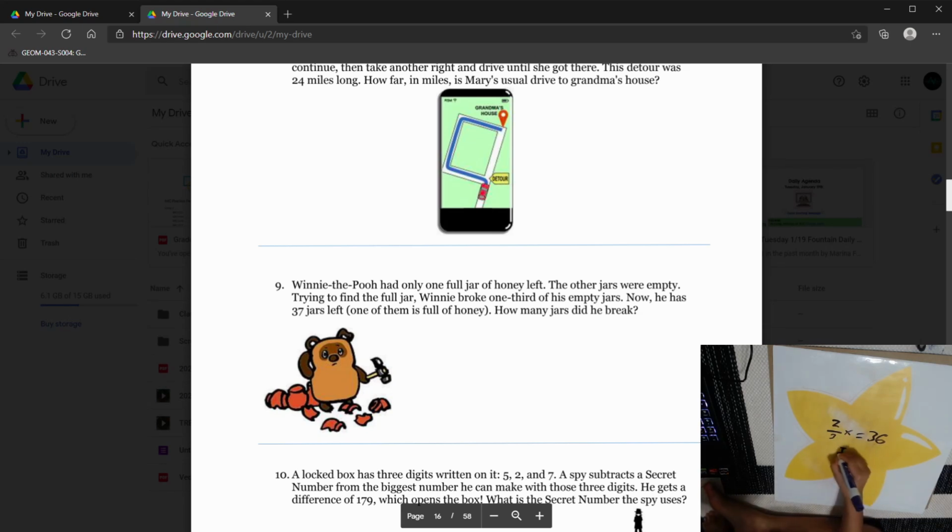So 36 divided by 2 equals 18. And then we know now that x by 3 equals 18. So the answer is 18. He broke 18 jars.